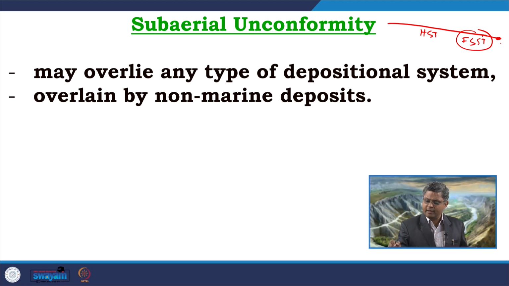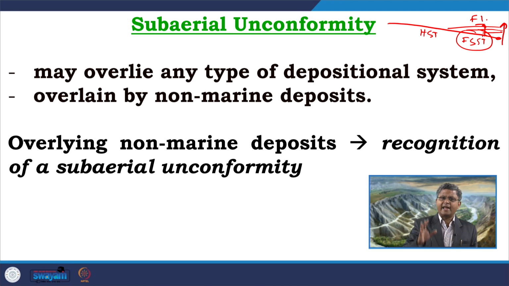So, during that time, as the base level is rising, the sediments will try to cover up like this. It will be overlain by the non-marine deposits, mostly the fluvial systems, but these fluvial systems will try to onlap on this unconformity surface.